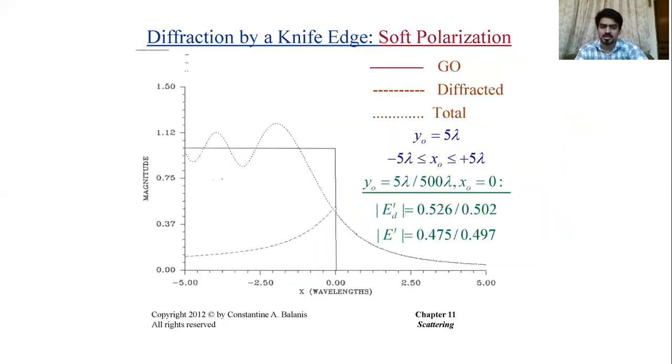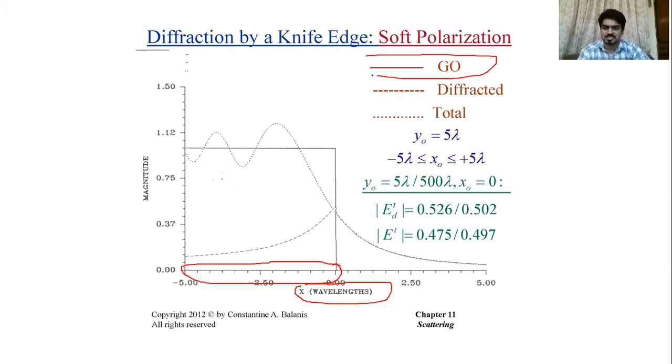If we plot that as a function of x, on the horizontal axis we have x values. For the negative values, using the geometrical optics approximation, that is the solid line, you have a value of 1, normalized to the incident wave.